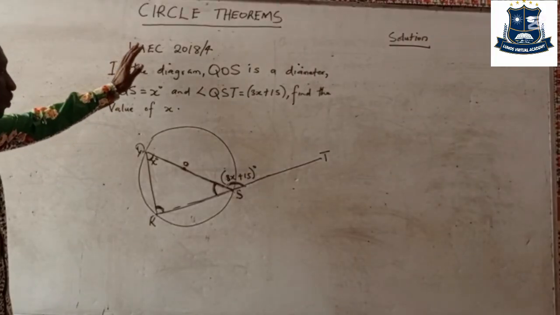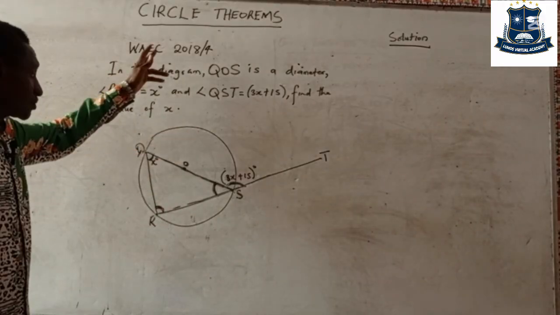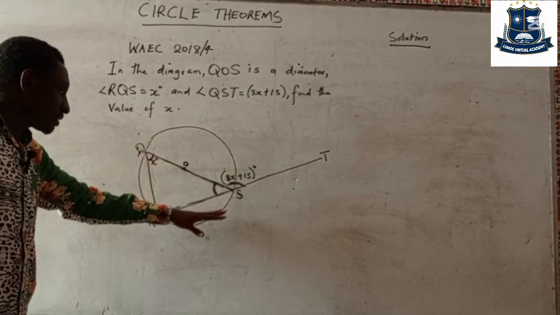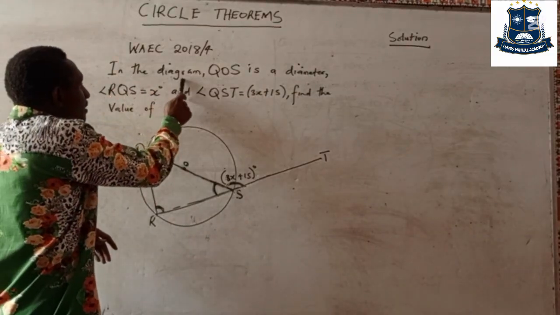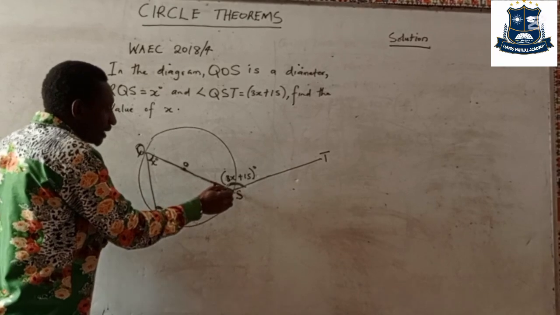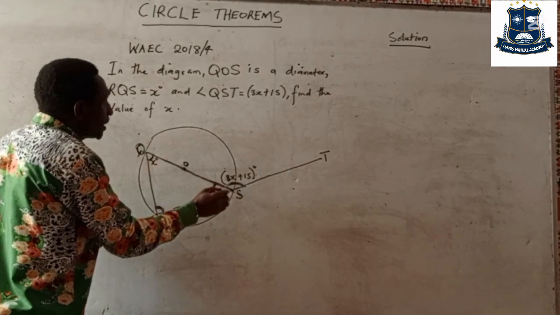So we're going to be taking this question. This is a WAEC question 2018, number 4. We are given a diagram where we are told that QOS is a diameter.